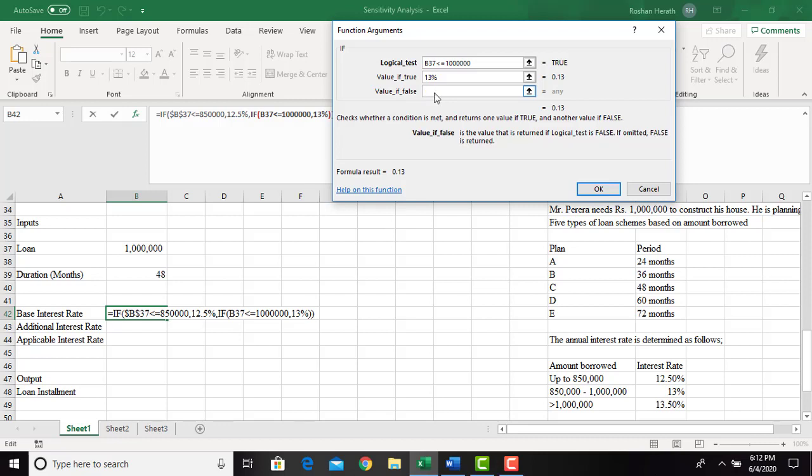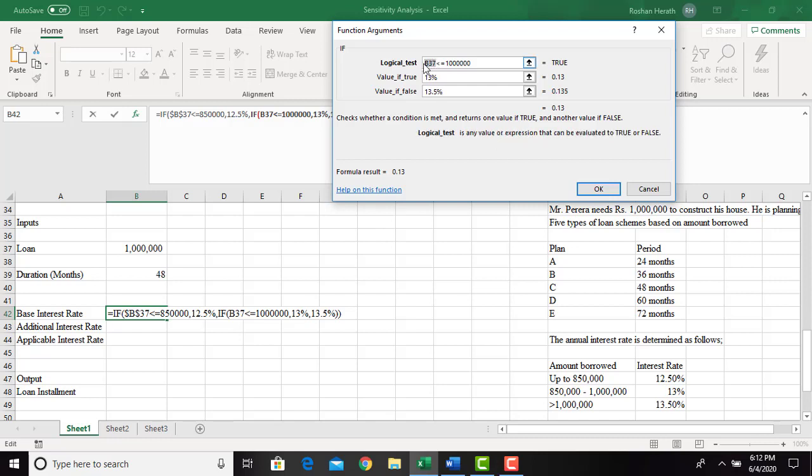Then if false, what does it mean? It is not less than or equal to 850,000, it is not less than or equal to 1 million, so something other than that. Probably it is an amount more than 1 million. So you need not take another IF, just take 13.5, right? Say okay. That's the very simple thing you need to make sure of.